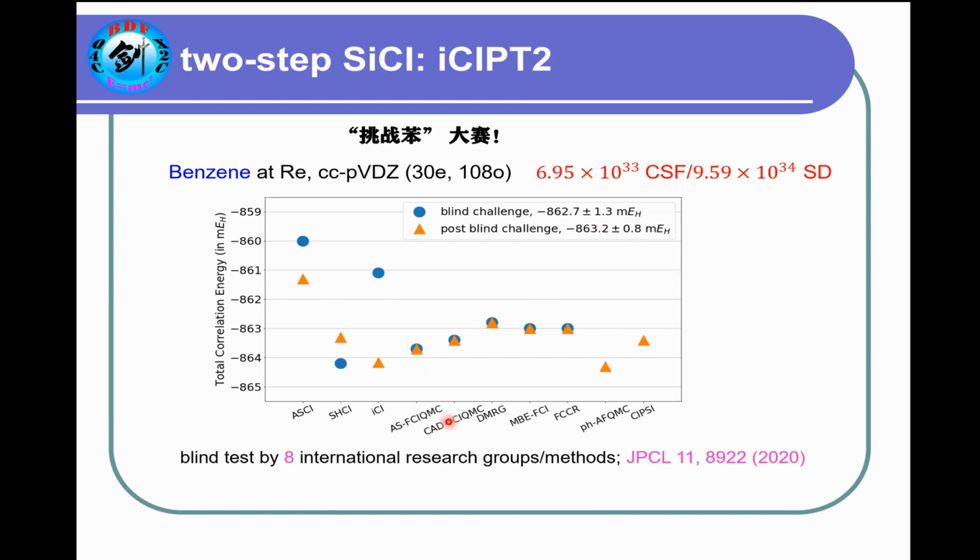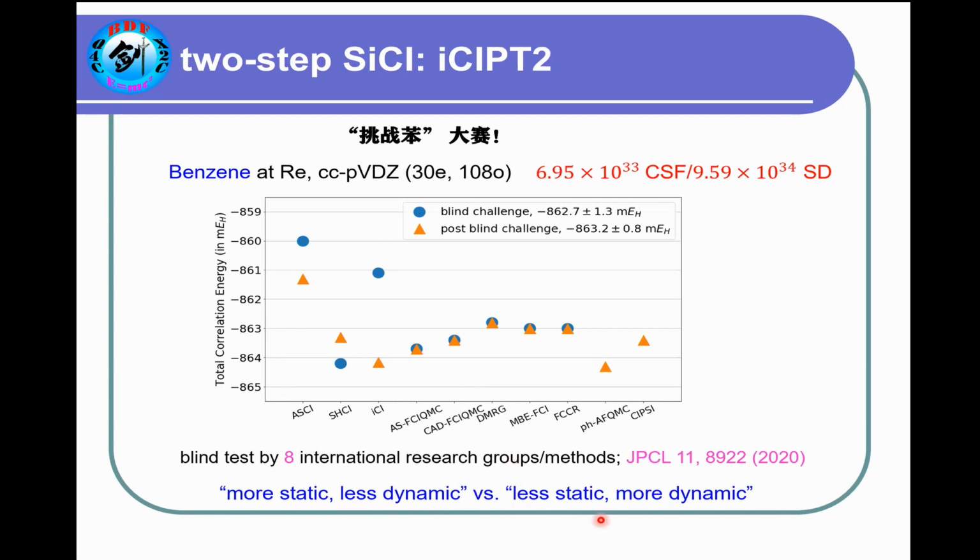All these methods, in my opinion, can be classified into 2 families. One is the CI type of methods, which belong to a more static, less dynamic approach. We rely on a large variational space because we treat dynamic correlation only at a single-order perturbation level.